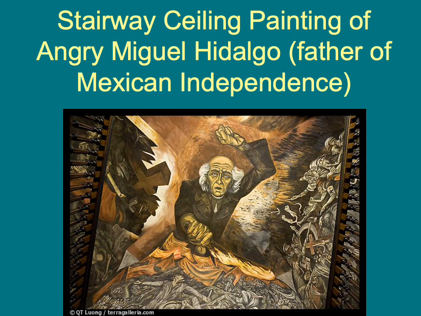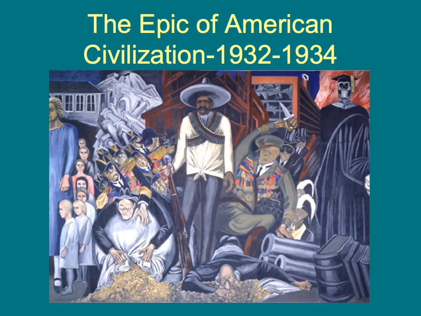This is on the ceiling, and you can see the warm analogous color scheme and the movement of the man's arms. Then as you look all around in this sense of chaos, you see sickles and hammers and swastikas, and you see this man fighting off the outside influences to Mexico at that time.